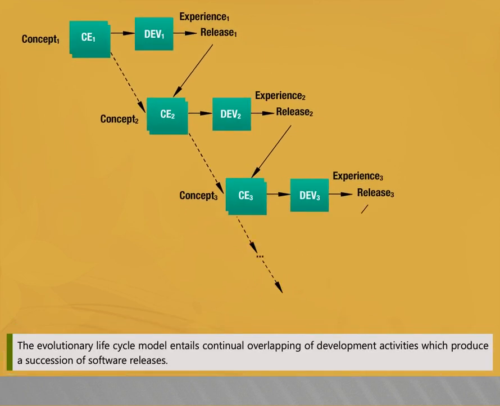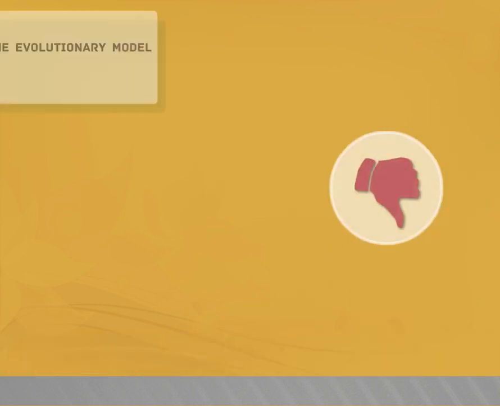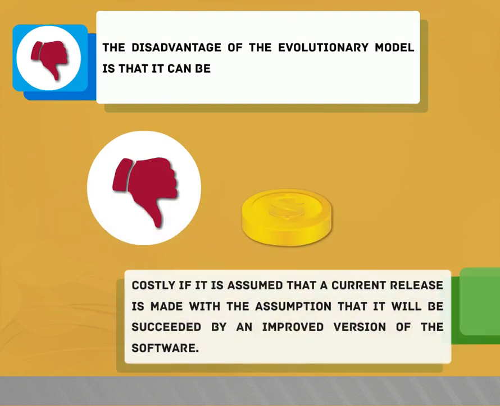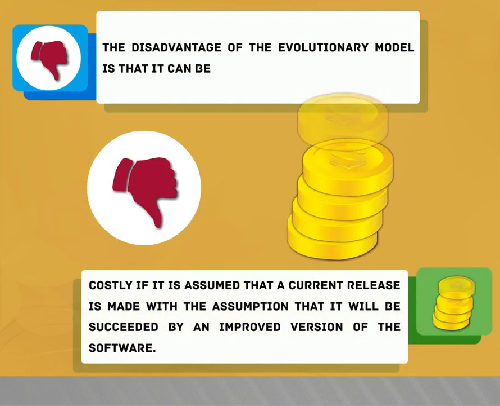The evolutionary lifecycle model entails continual overlapping of development activities which produce a succession of software releases. The disadvantage of the evolutionary model is that it can be costly if it is assumed that a current release is made with the assumption that it will be succeeded by an improved version of the software later.